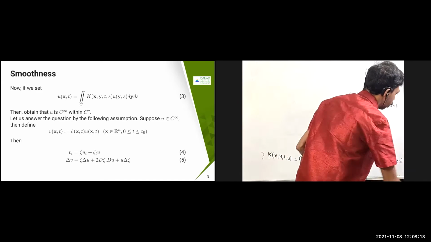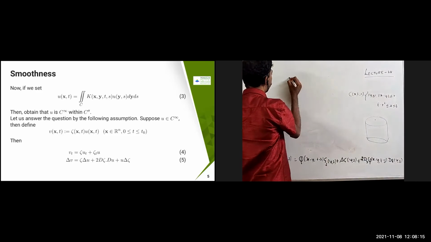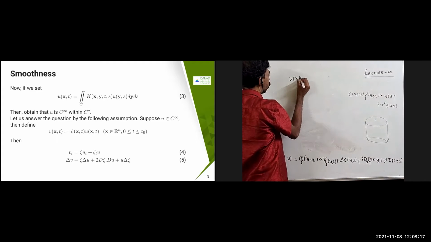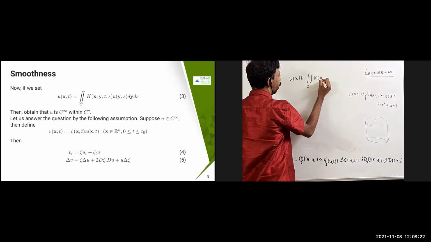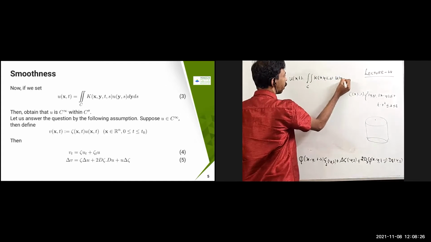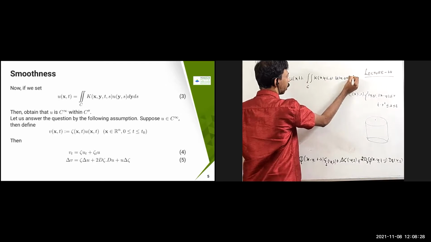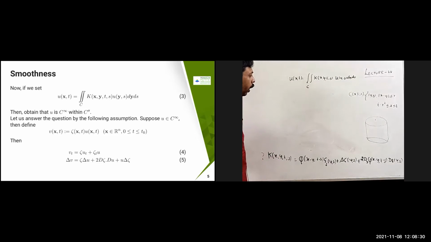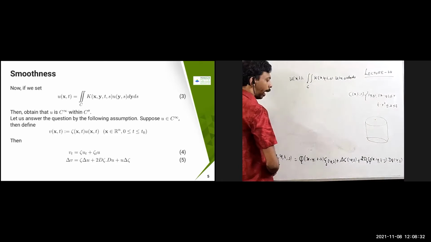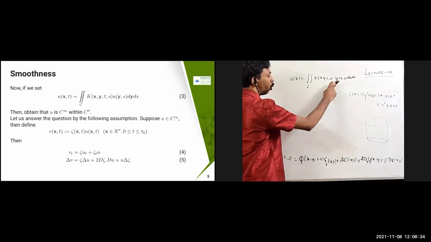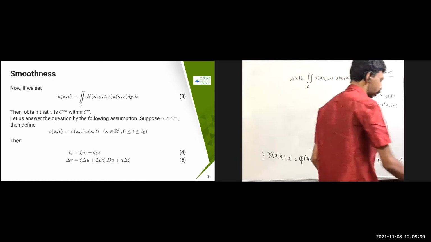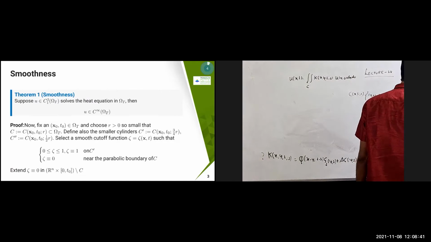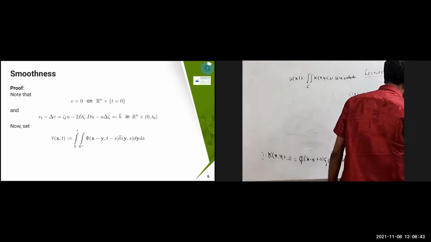If you choose e of x, t equal to the integral over C of k of x, y, t, s into u of y, s dy ds, this k is a smooth function, and u of y, s belongs to C^2, C^{1,2} of Omega_T, so this is also going to be smooth.